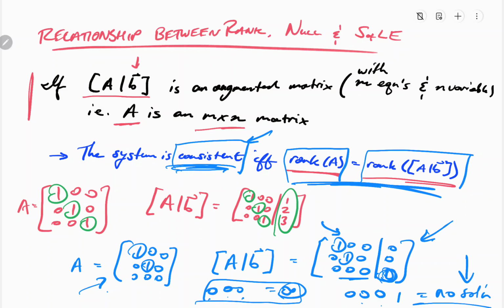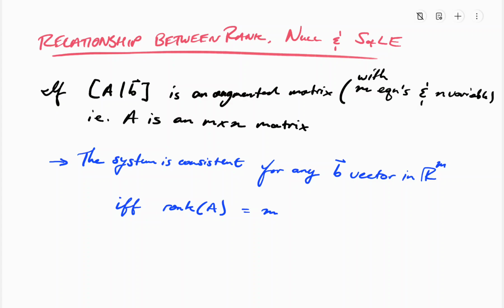Okay. All right, I think we can move on to the next one. So we have the same condition. The system is consistent for any column constant vector in Rm, so at least one solution.